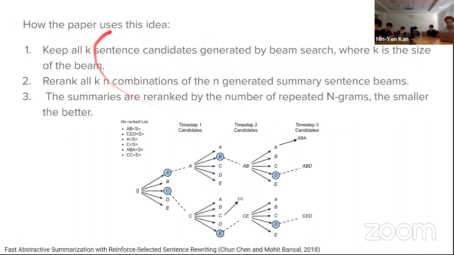So the paper keeps all k sentence candidates generated by beam search, where k is the size of the beam, and re-ranks all k to the power n combinations of the n generated summary sentence beams. And in the end, they just re-rank by the number of repeated n-grams, and the smaller is the better.